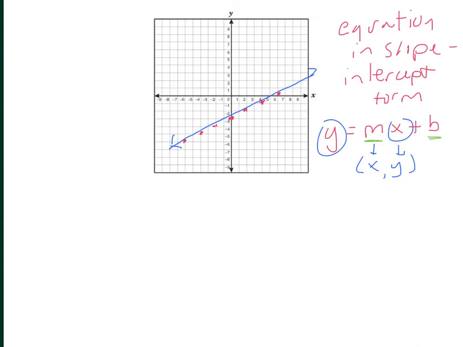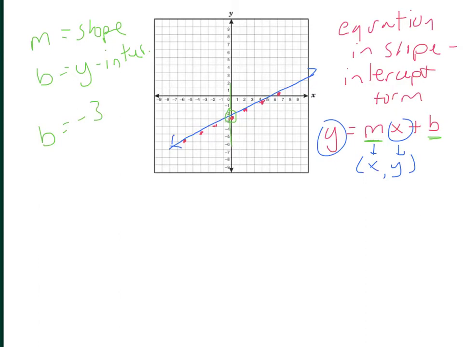And remember, m is the slope, and b is the y-intercept. With the y-intercept, the value of x is 0. It's where the line crosses the y-axis. If I run down the y-axis, I see that this line crosses right there at -3. So b is equal to -3.